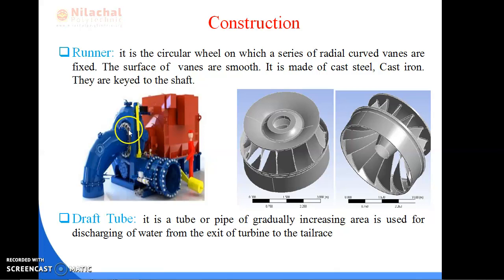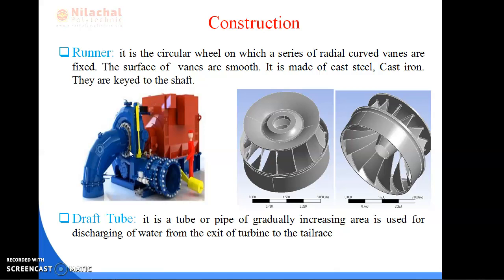In case of inward flow reaction turbine, the water from the penstock enters at this passage and goes inside the casing. The casing will be filled up with water. After that, some part of the energy will be converted into kinetic energy.